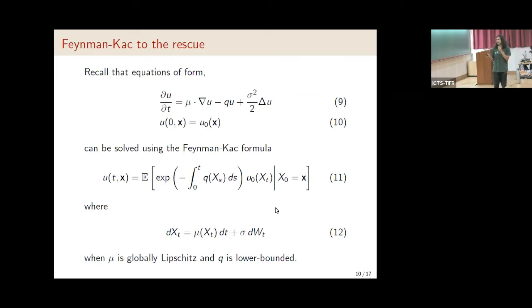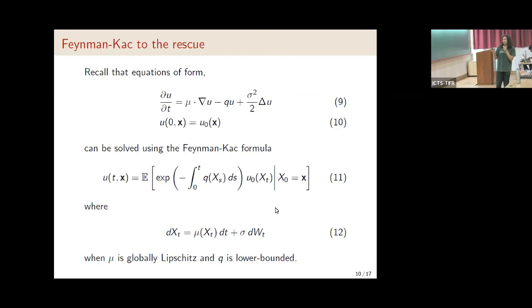So basically, you're taking the expectation over the trajectories of the SDE given in 12. You generate paths of this SDE till time t and calculate the expectation.